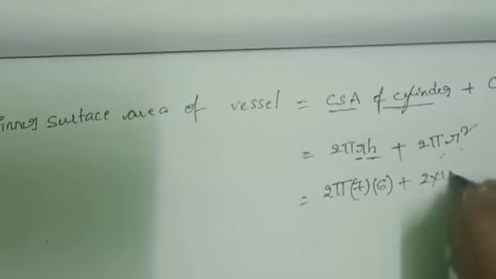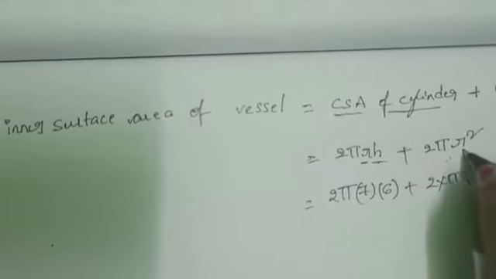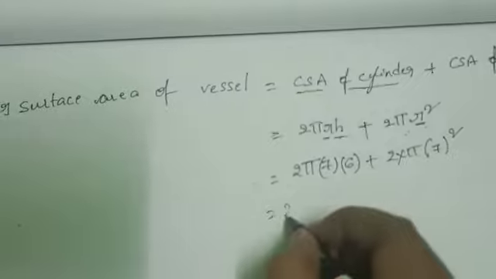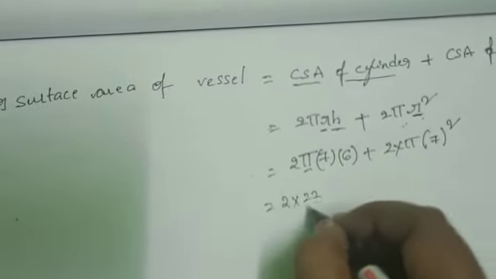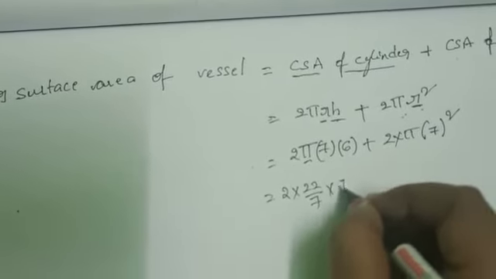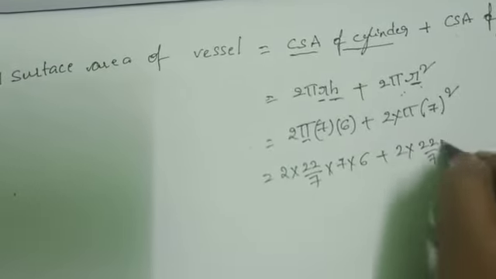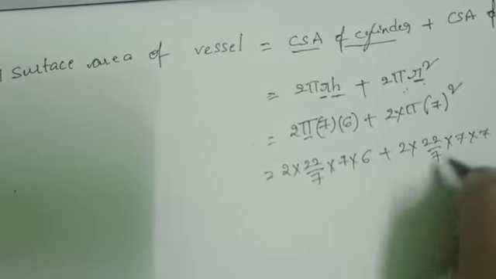2 into pi r square. Radius of the hemisphere is 7. 7 square. 2 into pi value 22 by 7 into 7 into 6. 2 into pi value 22 by 7, 7 into 7.